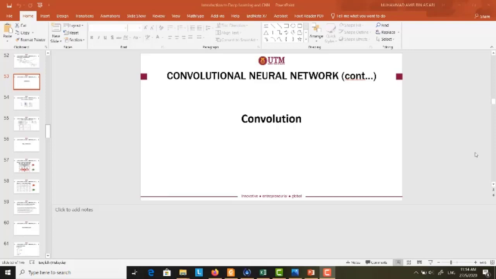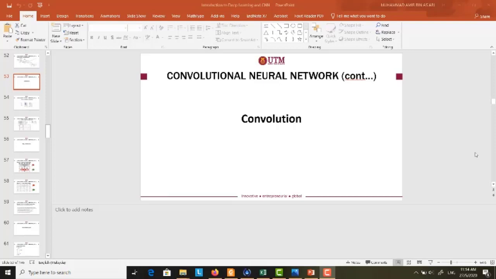Okay, we continue our discussion with convolutional neural network. I believe that everybody is already clear about the convolutional process, the fundamental behind the convolutional process, starting from the one-dimensional signal to two-dimensional signal, and then of course we highlight more on two-dimensional convolutional operation.